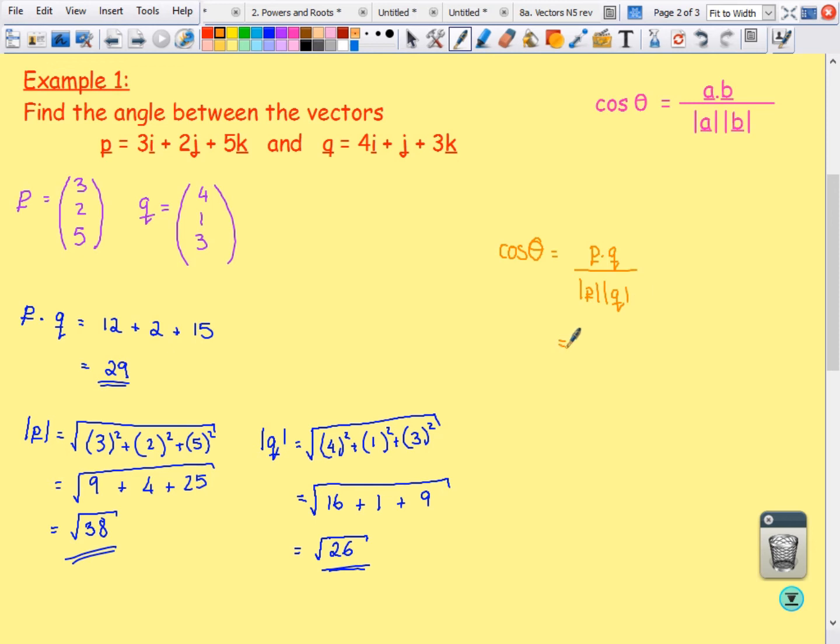So now we're just going to take my answers from before. I'm going to take my answers from before and just substitute them in to the right place. So my dot product is 29. Let's stick a 29 there. I've got root 38 times root 26.